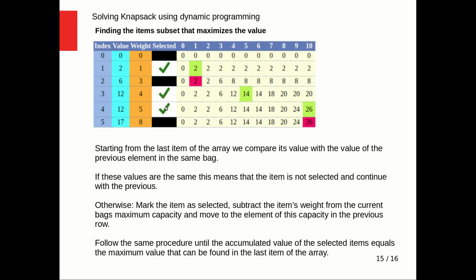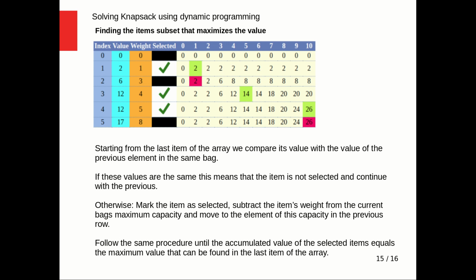and then from the maximum capacity of this bag, which is 10, we subtract the weight of the item that we just included, and this is 5. So then we move to the previous row and we find the bag with capacity 5.